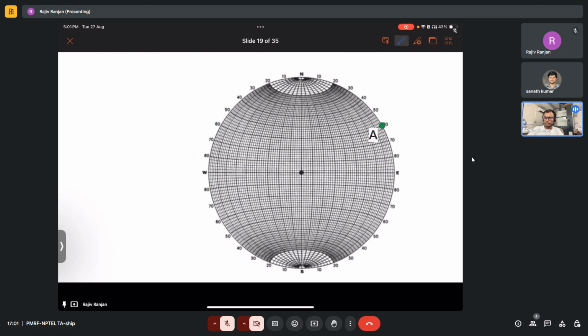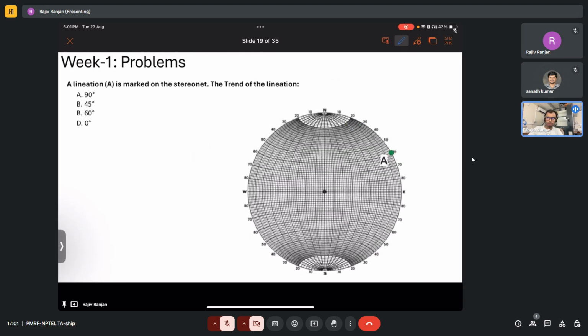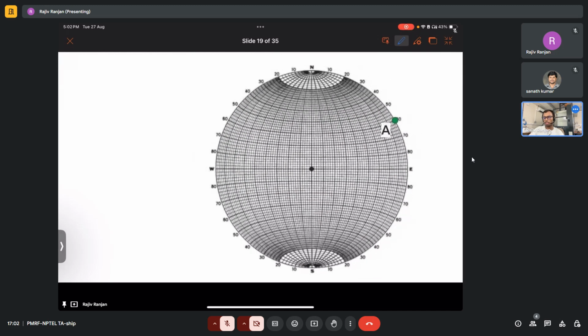So in a simple way, the stereographic projection is a way to represent your 3D data in a 2D plane. The procedure is a little bit detailed, so I'm not going to get into that detail because it will take a lot of time. So in brief, try to understand that this is a stereographic projection.